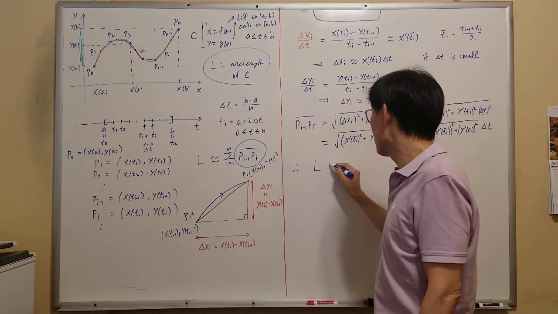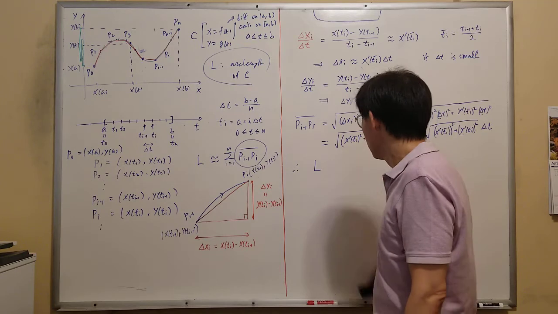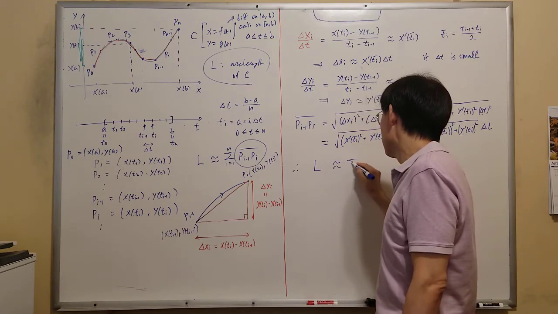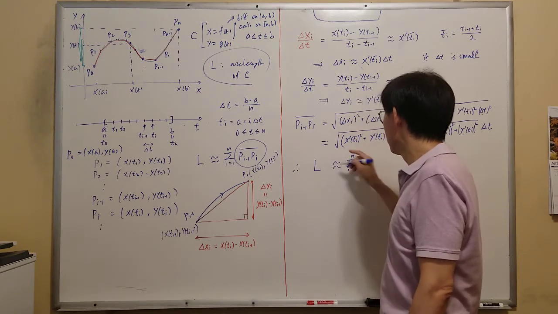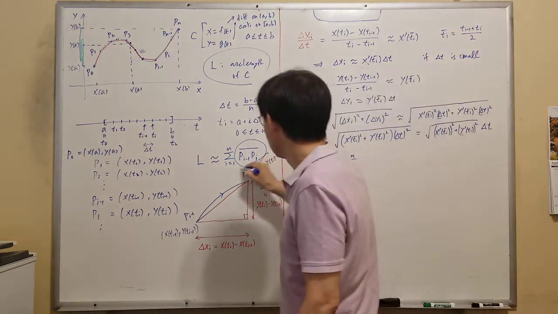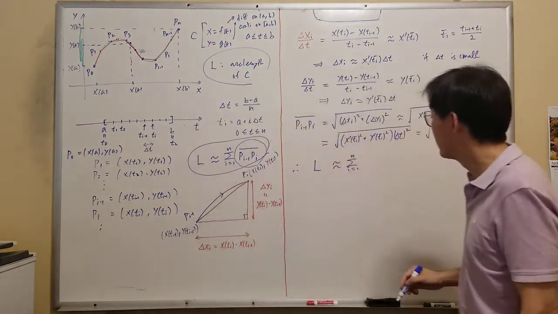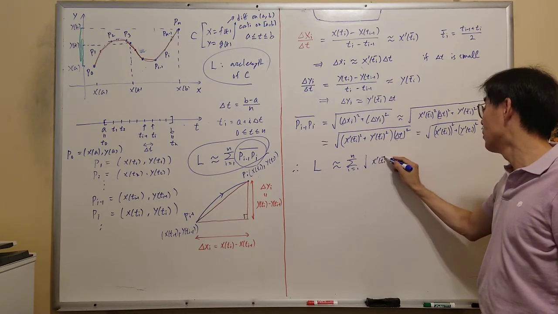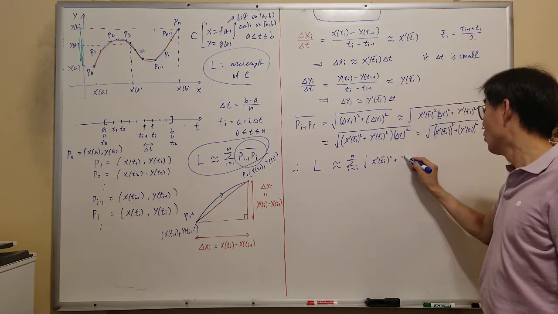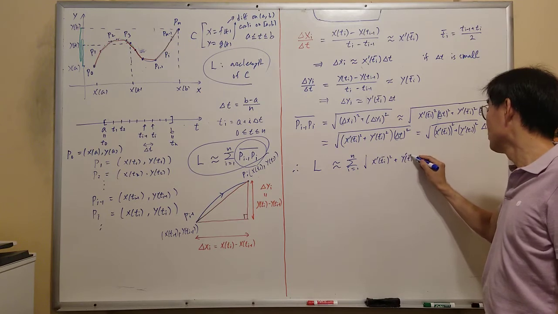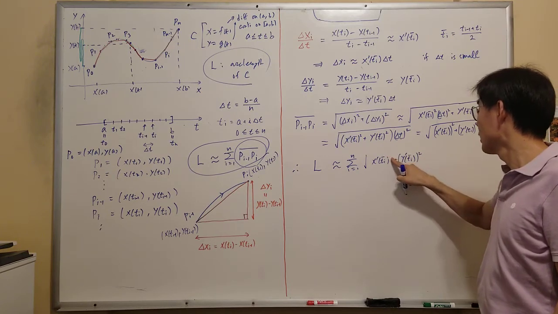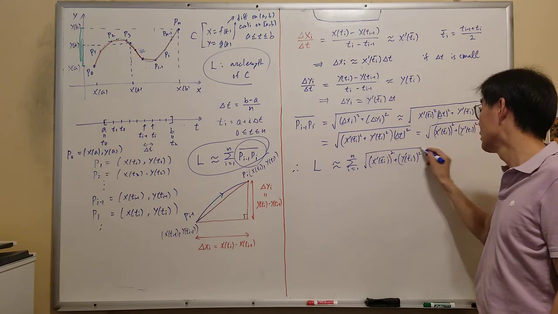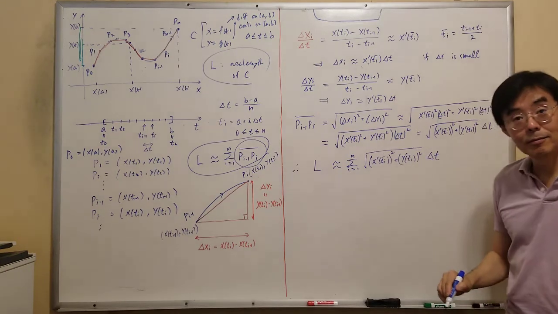So, this is a very good approximation. Therefore, your total arc length will be approximated by the summation of these lengths, which is the square root of x prime of ti bar squared plus y prime of ti bar squared times delta t.